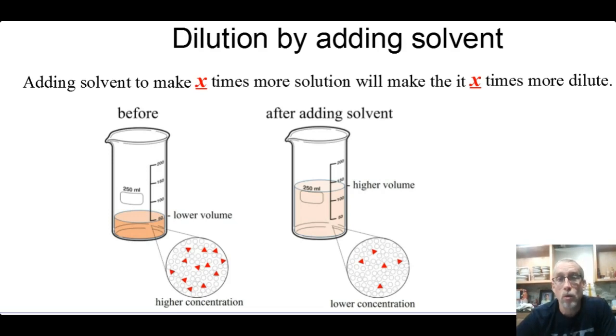Or you can say it's 2.5 times more dilute. And I like that this had a little figure here, so you can kind of see what a concentrated solution looks like if the solute is there in the little red triangles versus a more dilute one. Okay, so this has about 2.5 times more solute particles that we can see compared to this in the same number of solvent particles.